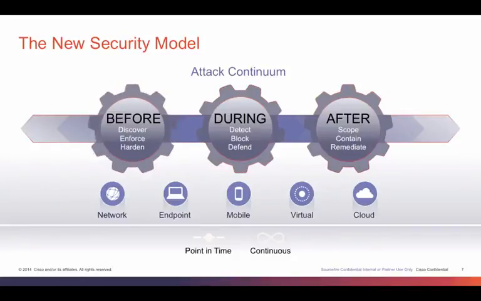Before an attack, customers need to know what they're defending. You need to know what's on your network in order to be able to defend it. Things like devices, operating systems, services, applications, data that users are accessing. They tend to implement access controls to enforce policy and block applications, as well as overall access to assets.